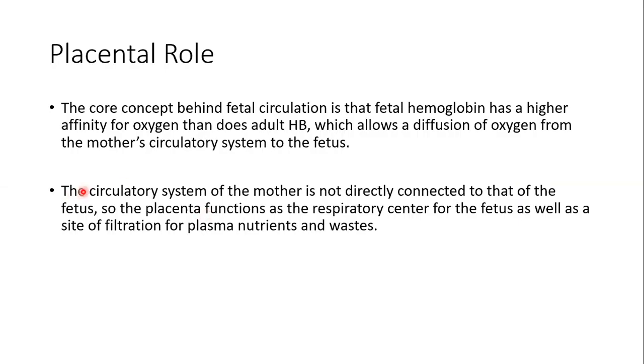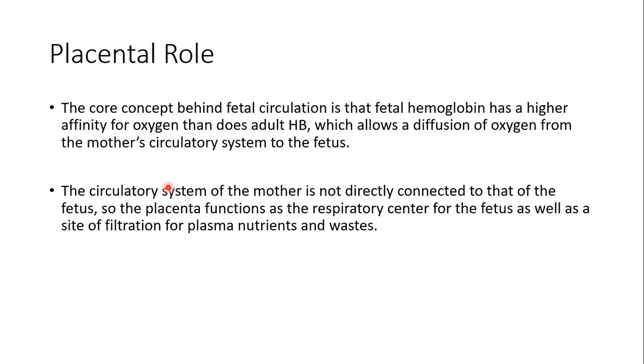So the role of the placenta, the core concept of the fetal circulation, is that fetal hemoglobin has a higher affinity for oxygen than does adult hemoglobin. So it allows the diffusion of oxygen from the mother's circulatory system to the fetus. When they come into close contact like that in the placenta, the diffusion occurs freely from the maternal side to the fetal side.